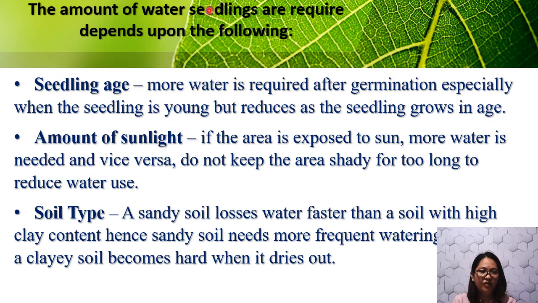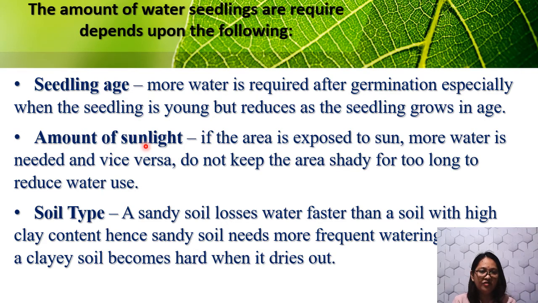The amount of water seedlings require depends upon the following. First, we have seedling age. More water is required after germination, especially when the seedling is young, but reduces as the seedling grows in age.